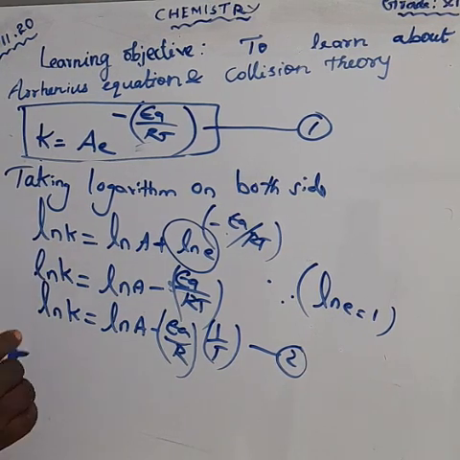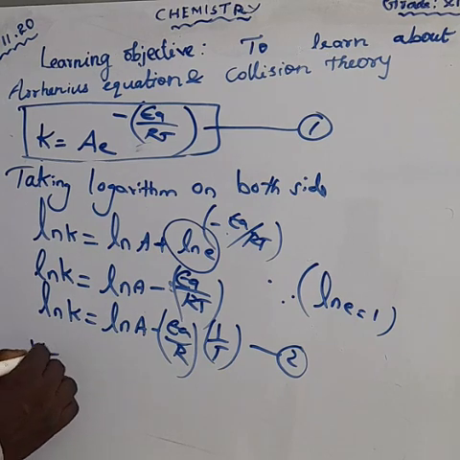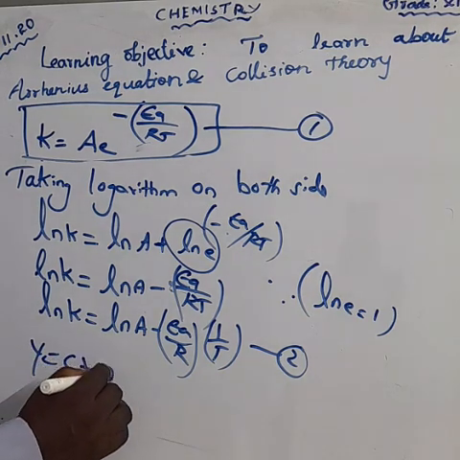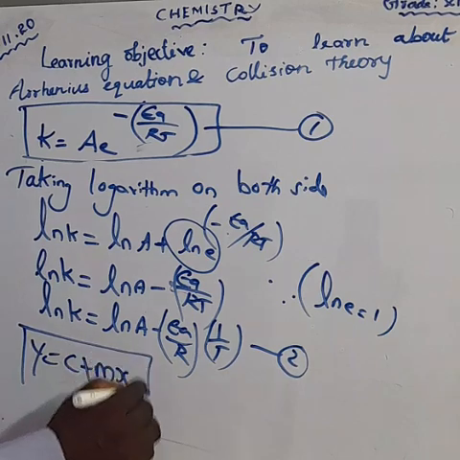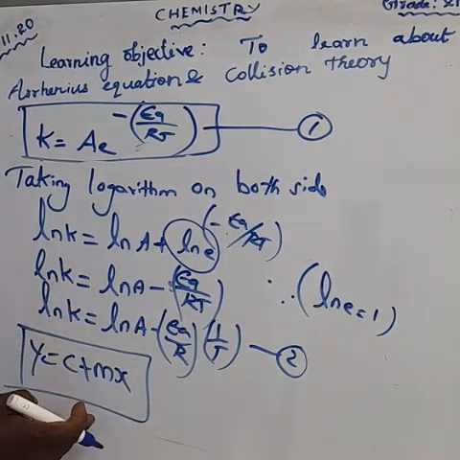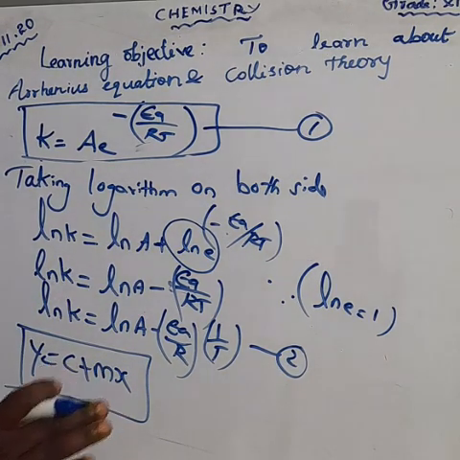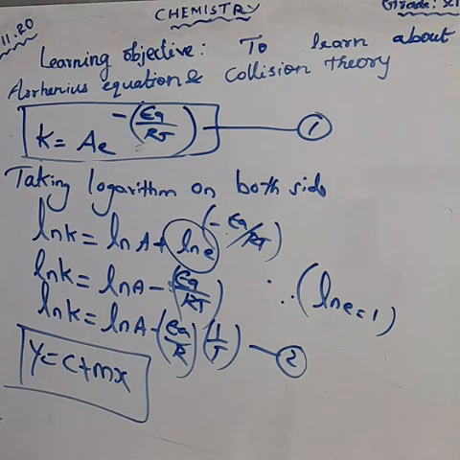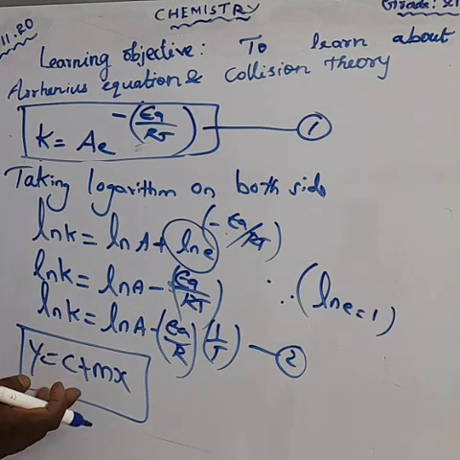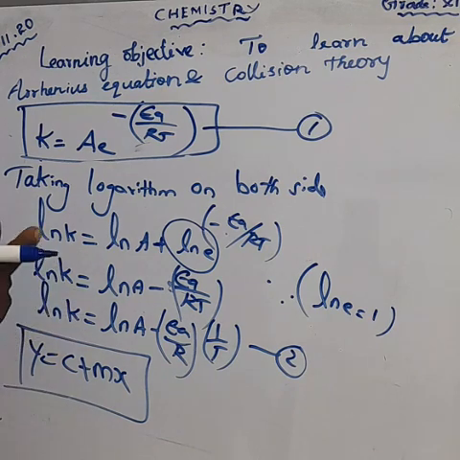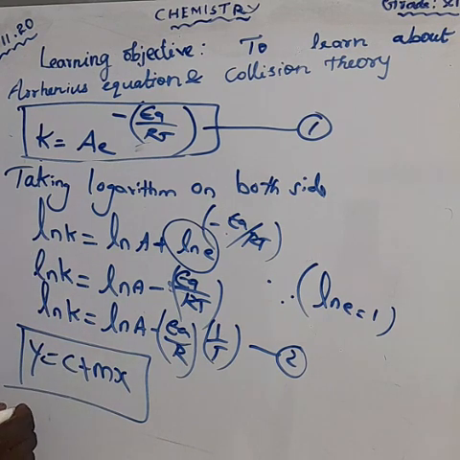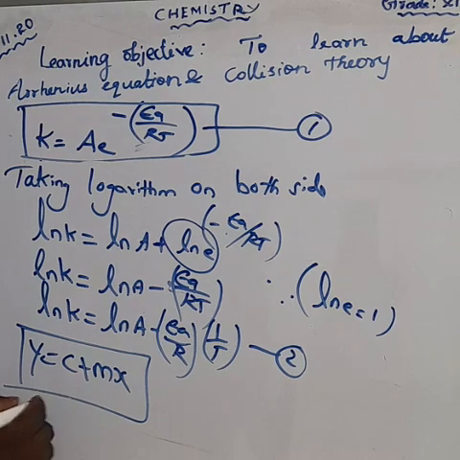Here is the straight line equation. What is the straight line equation? y is equal to mx plus c. The above equation is in the form of a straight line, y is equal to mx plus c.